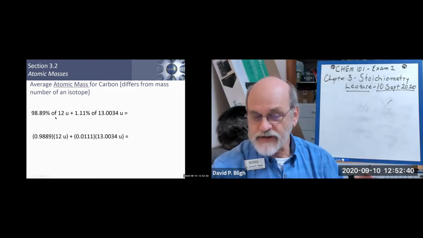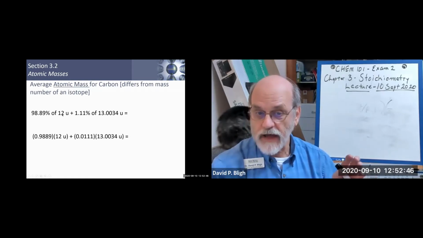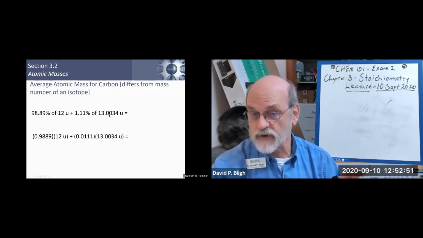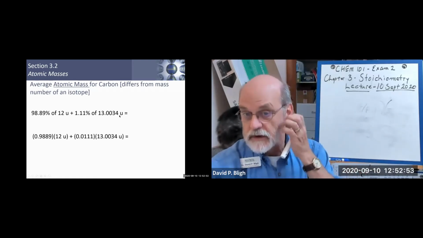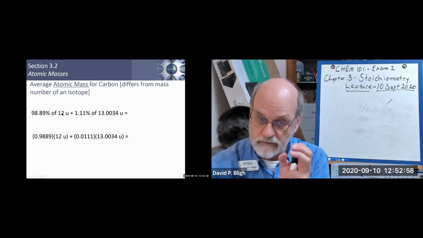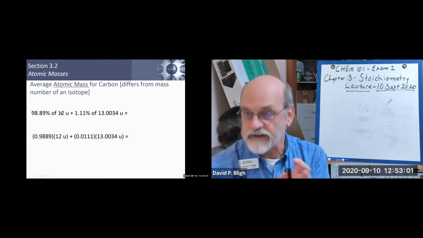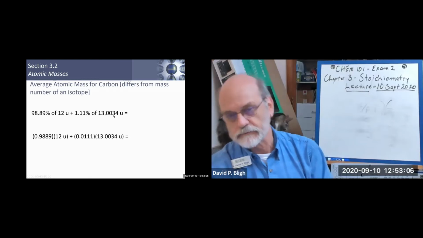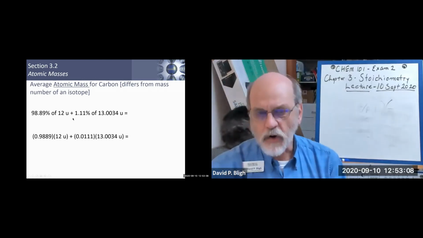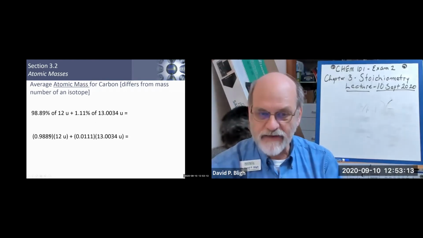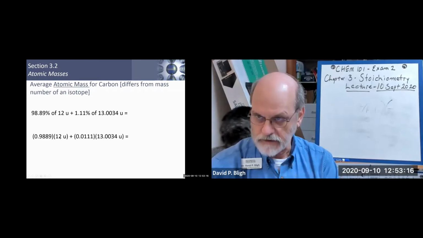So 98% of the isotopes of carbon have 12 units, and 1.11% have 13.0034 units, right? This is a fractional value because it's based upon this anchor point. 12 is infinite zeros. So everything else is going to have fractional values. So we take the fractional equivalent of the percentages and multiply them by the atomic mass units.